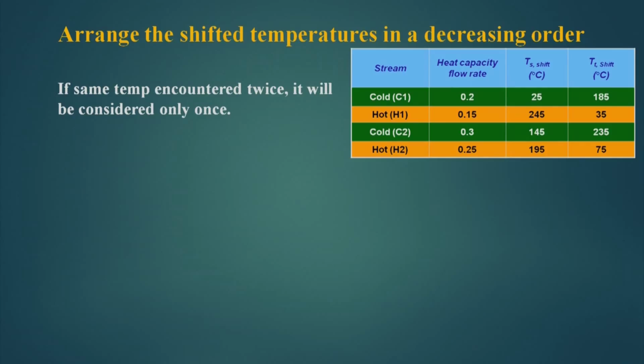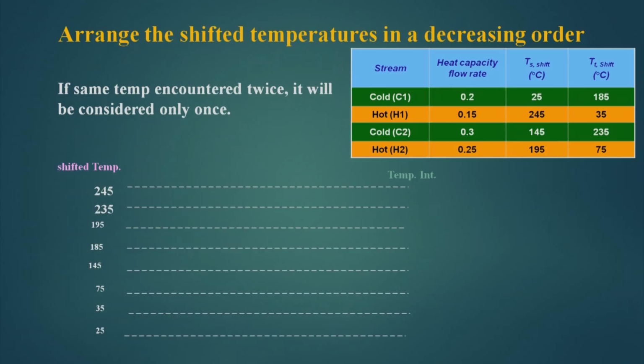So, in this case, if we plot the temperature levels, the highest temperature level is 245 and then the next highest is 235 and then the next highest is 195 and so on and so forth up to 25 degree centigrade.